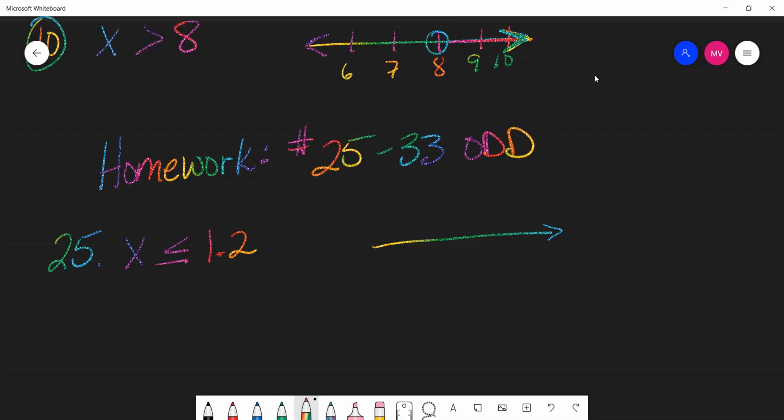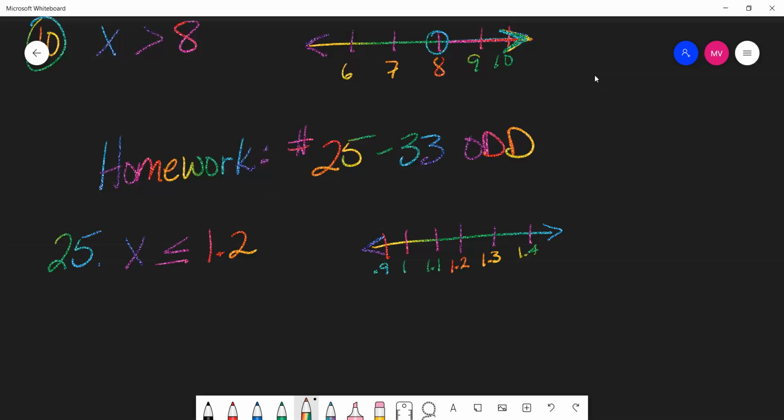So doing this on a number line, you can pretty much make your tick marks whatever value you want. If they give it to you in decimal form, just keep them all in decimal form. So if this one is 1.2, this one's 1.3, 1.4, 1.1, 1.9. Just leave it like that, that's fine.